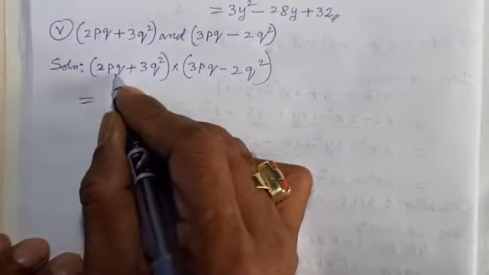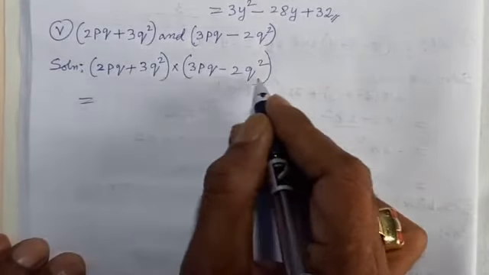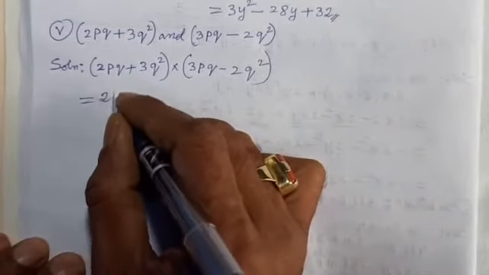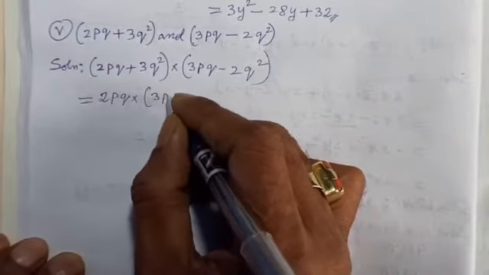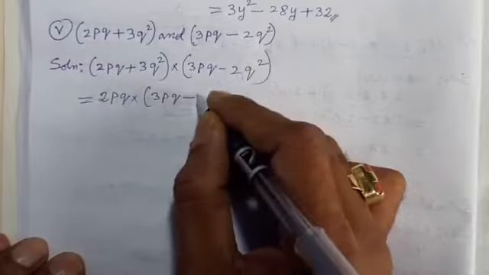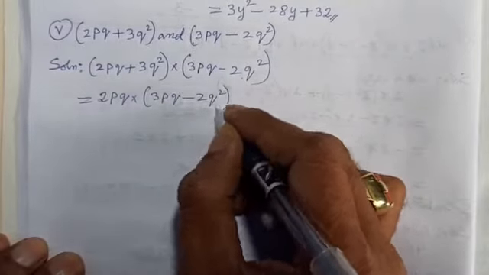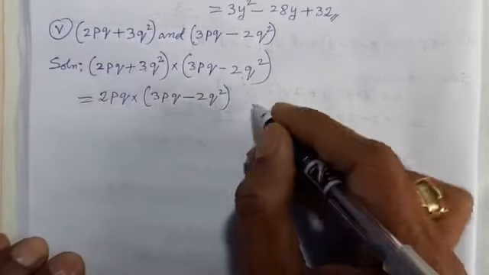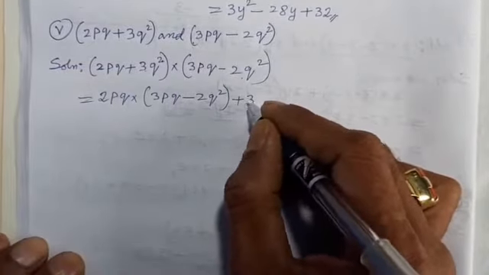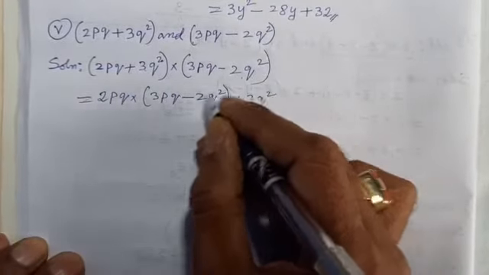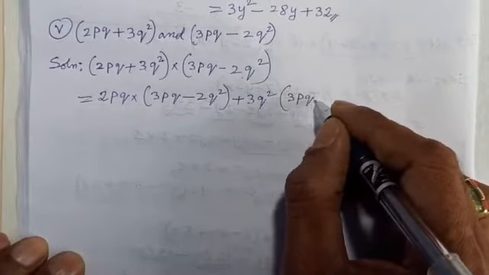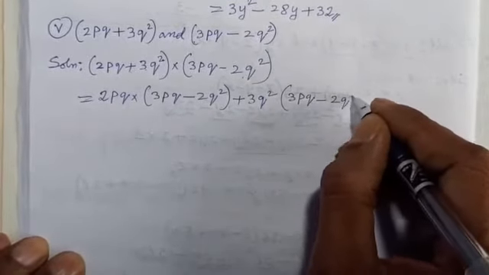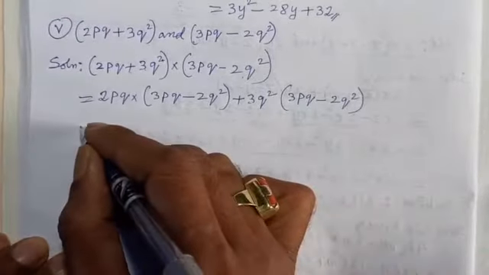Now this 2pq will multiply this second bracket: 2pq into this 3pq minus this 2q squared, then plus 3q squared, let's write here 3q squared, and this will multiply this 3pq minus 2q squared. Okay, now next steps.